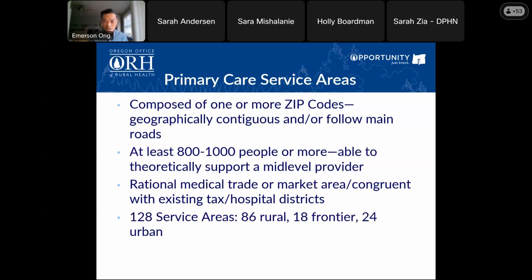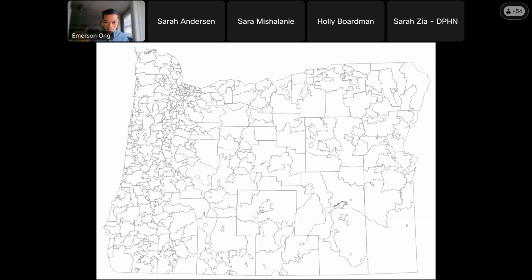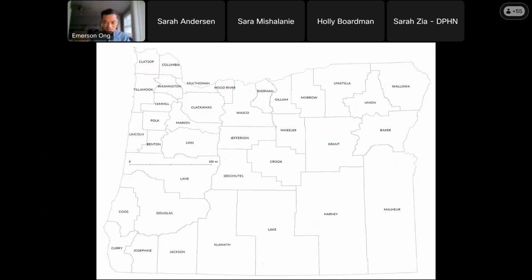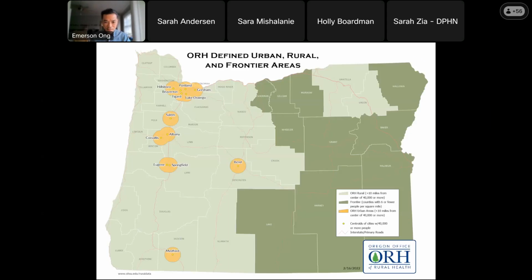So we ended up with 128 service areas out of 470 zip codes, 86 of which are rural, 18 are frontier, and 24 are urban. And so this is a map of zip codes, and then we broke that down to 128 primary care service areas. And again, this is what the county map looks like.